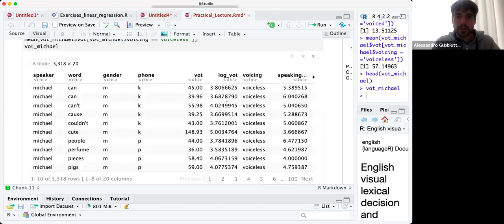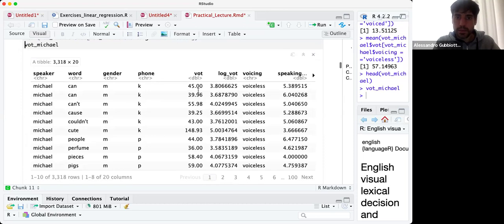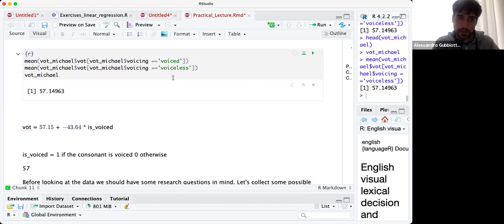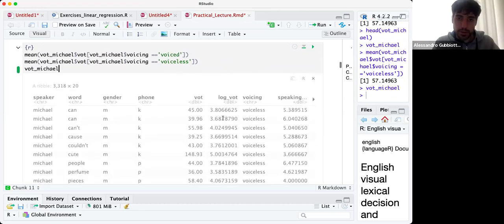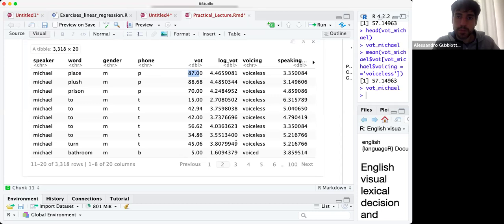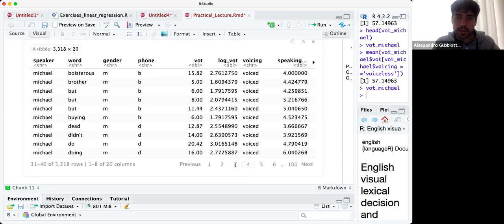So for instance, this is our prediction for voiceless variables, 57. Let's check, for instance, the P had a big vocal onset time. The ones with P are voiceless.